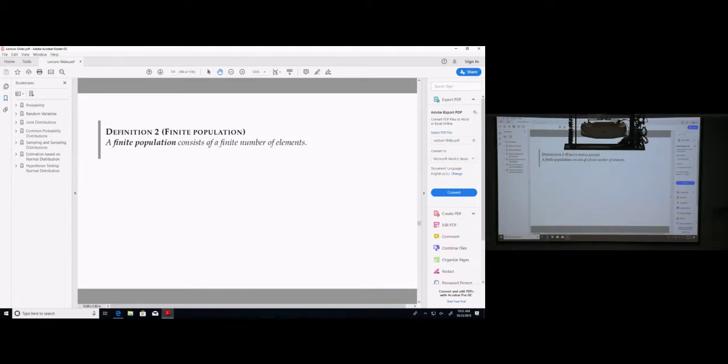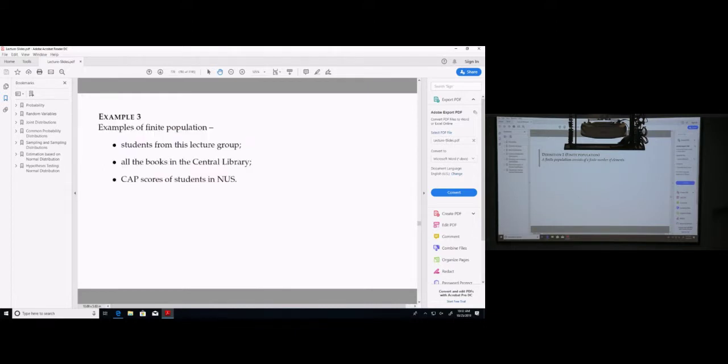A finite population consists of a finite number of elements, so I think this is pretty obvious. Examples of finite populations, even though the number can be very huge: students from this lecture group, so we are talking about 490, or all the books in the central library, that would be a much bigger number. Of course, this is easy to say, but the definition of a book is another problem.